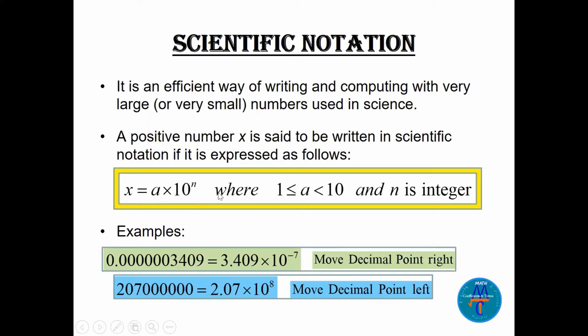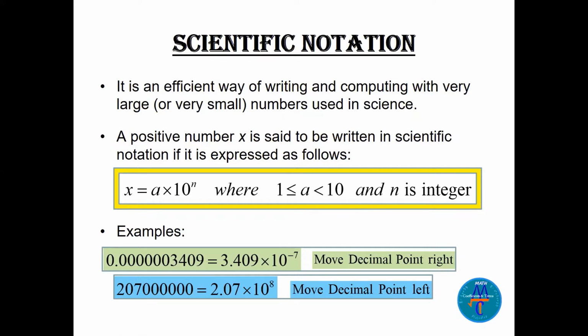A is a number that can be 1 or any number between 1 (included) and less than 10. N is an integer, which can be positive or negative. So again, A can be 1, 1.1, 1.2, 1.5, 5.3, 7.4, etc.